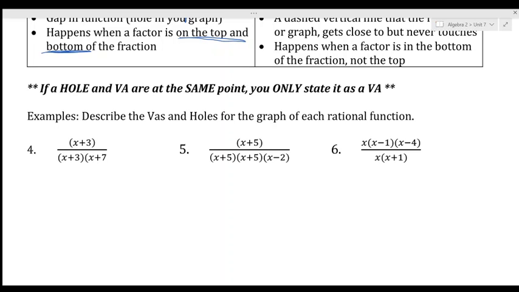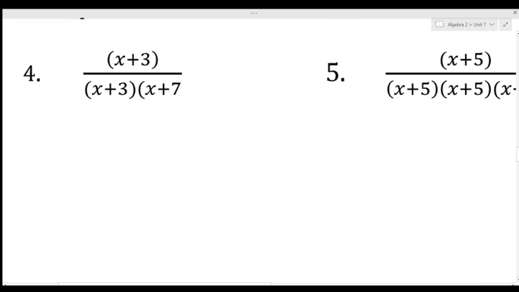All right, so let's go through some examples so you know what I'm trying to tell you. So number 4, we have x plus 3 over x plus 3 times x plus 7, and this is supposed to have parentheses here. Now, we have x plus 3 on the top and on the bottom, okay? So that means if we set that equal to 0, we're going to have a hole at x equals negative 3.